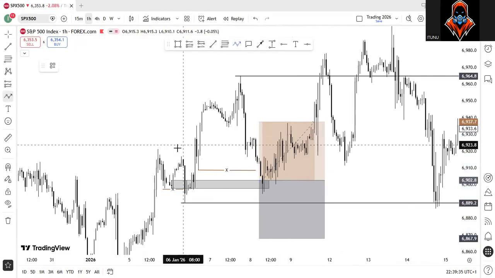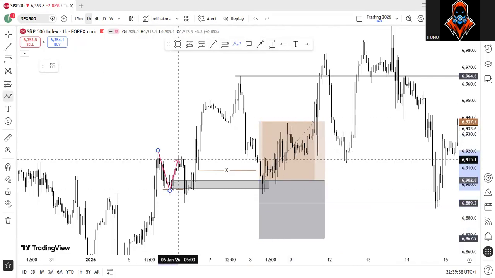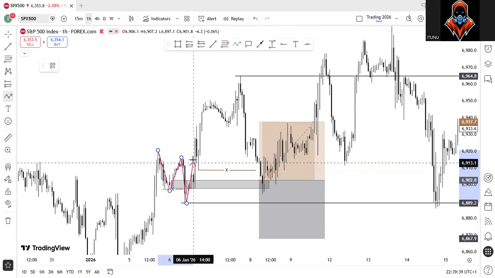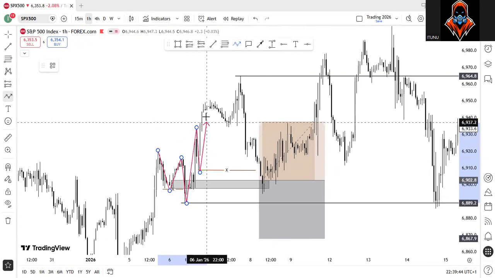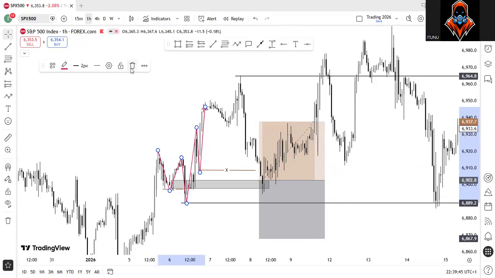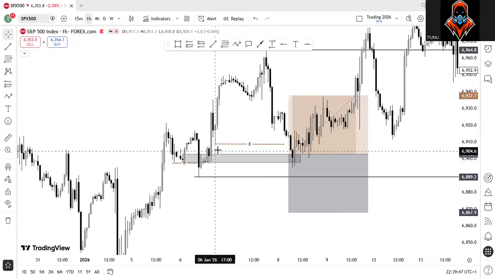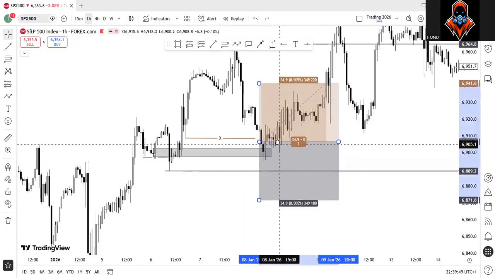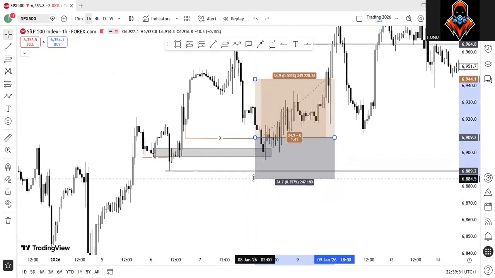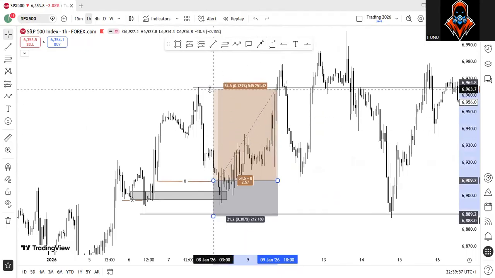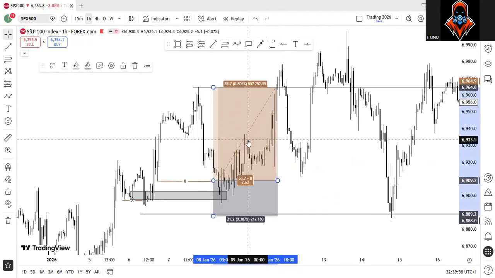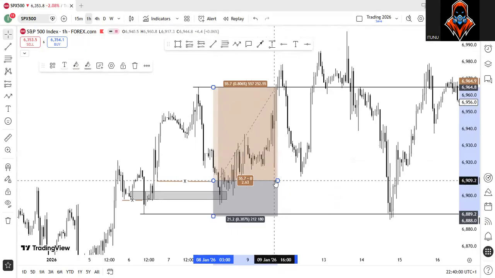Draw it out: sweep, takes out this high, retraces, then creates another structure. So this is my type 1 setup. I'd have kept my entry over there because I do not like to miss out, then kept my TP over here. So this is a 2.63 R trade.